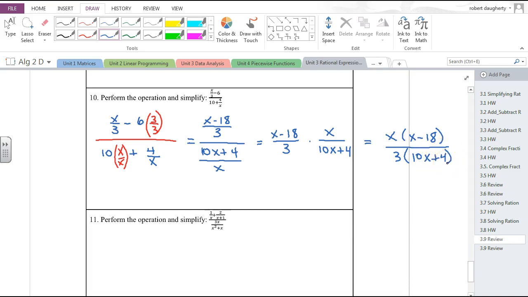The only other thing you can do for factoring is that in 10x plus 4, there's a 2 in common, so I could factor out a 2. So x times x minus 18 over 6 times, when I factor out the 2, I'm left with 5x plus 2. Okay, and that is it. That's as far as that one can go.